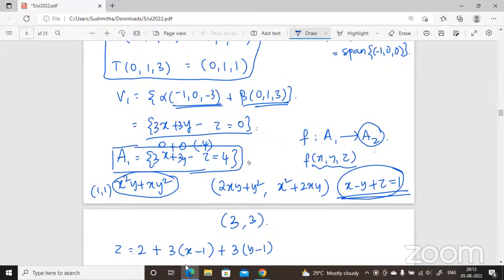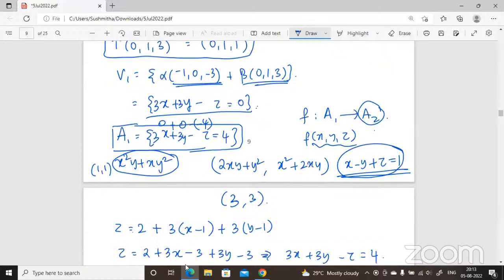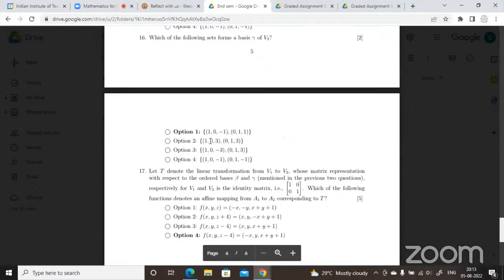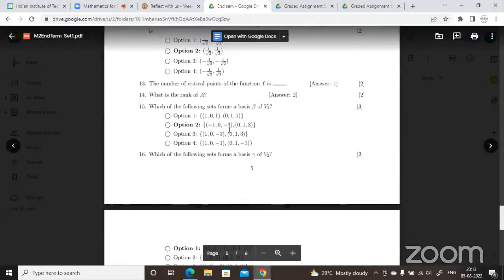Ma'am, we used A1 to find V1? V1, yeah. A1 is the affine space, so you just have to put that constant equal to 0 to get the corresponding vector space, right? Yeah. And then we determined the basis for that, 3x plus 3y minus z is equal to 0. That was a previous problem.